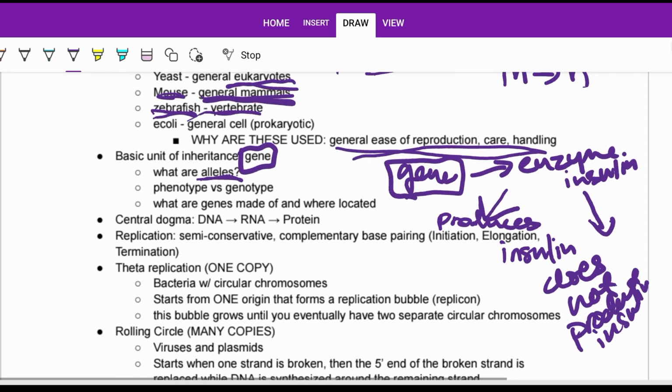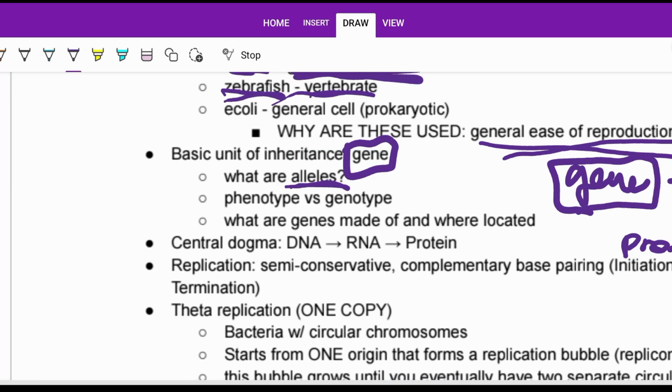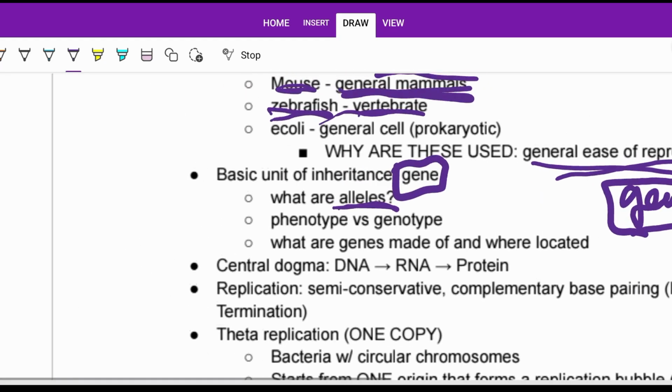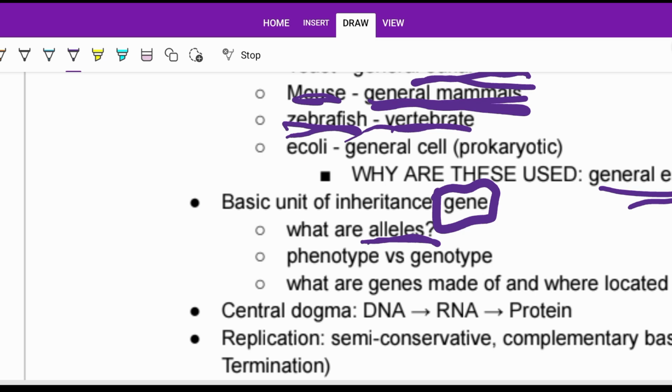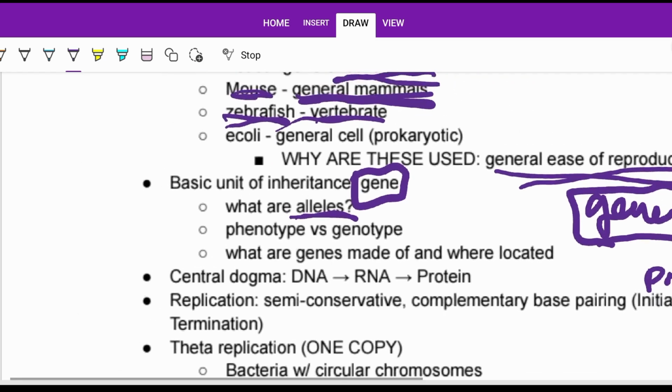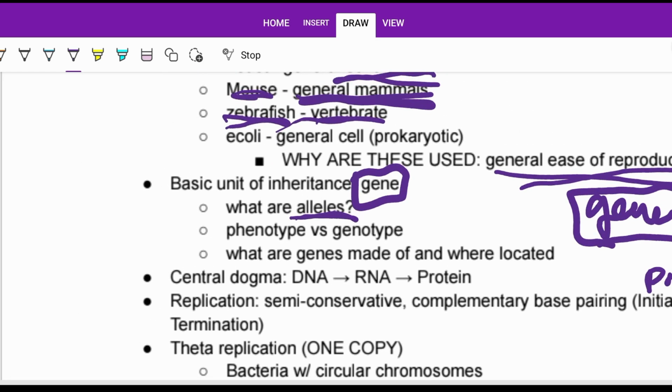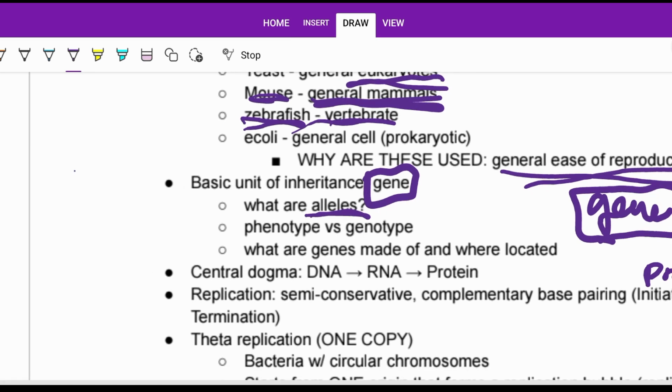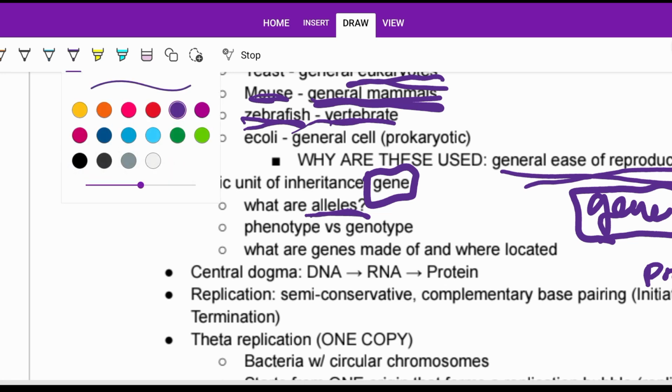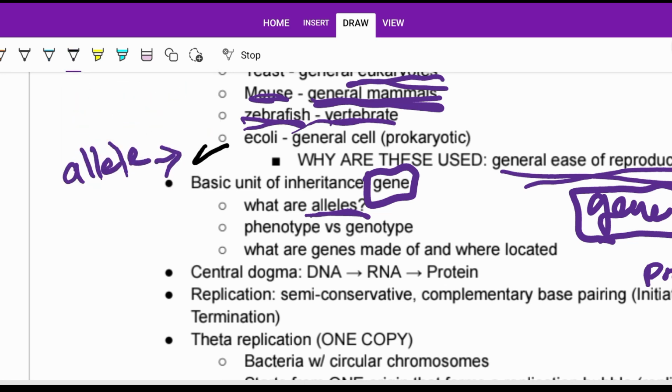Another example of this is, we could just use snakes, for example. They're one of my favorite examples. We could have a gene for albinism, right? It's the gene that controls the amount of melanin in skin. One allele could be a normal amount of melanin, so that would lead to a darker colored snake, like black or brown.